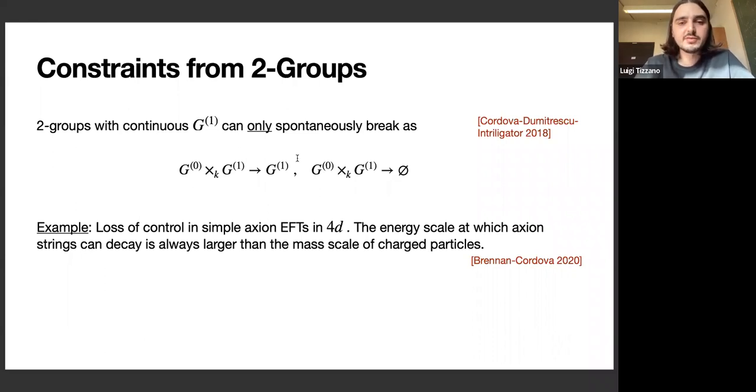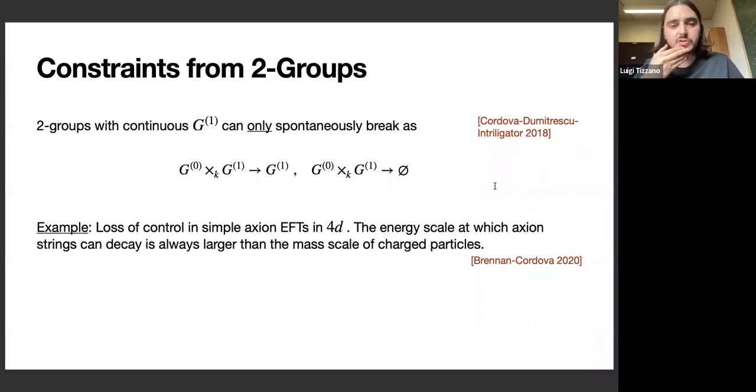And it was proven by current algebra techniques in this paper, still by Cordova, Dumitrescu, and Intriligator. And one could wonder, okay, but imagine that I try to violate this type of symmetry breaking pattern, what could I say about a theory that violates it? And there was a cute observation in a paper that appeared a few years after the original one.